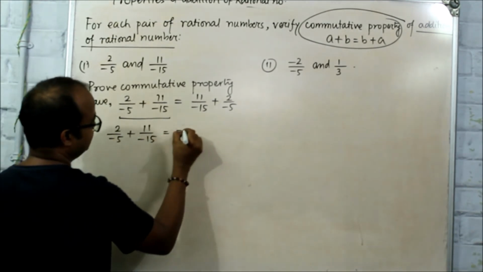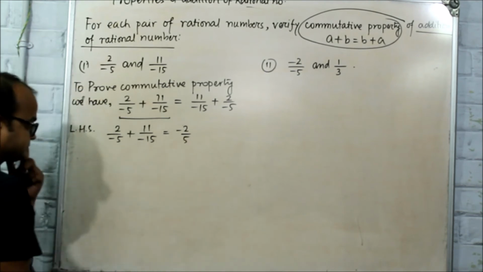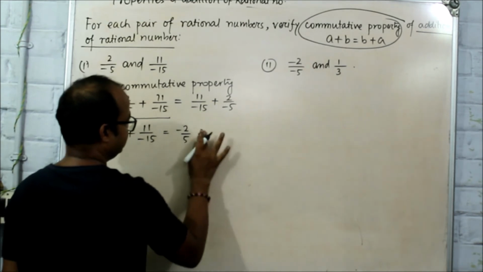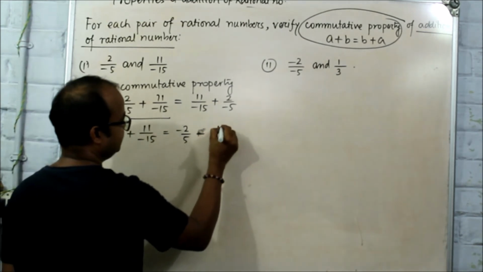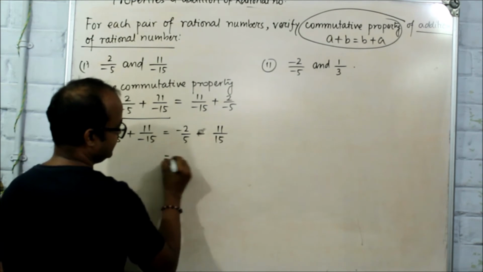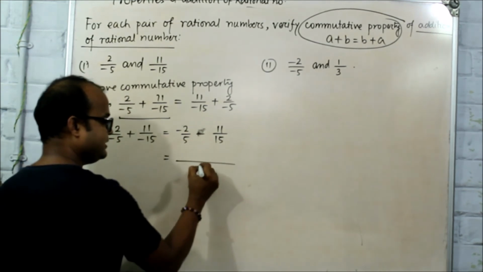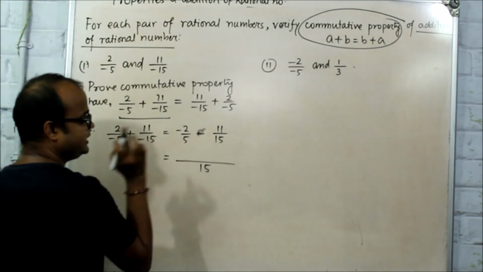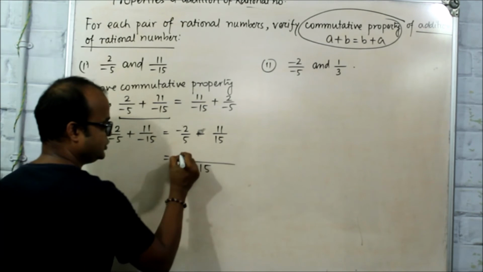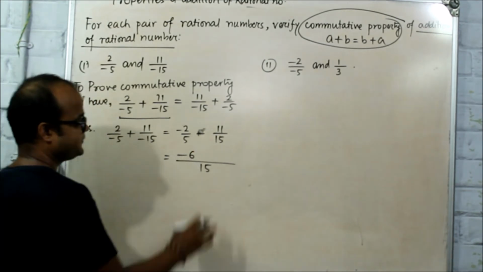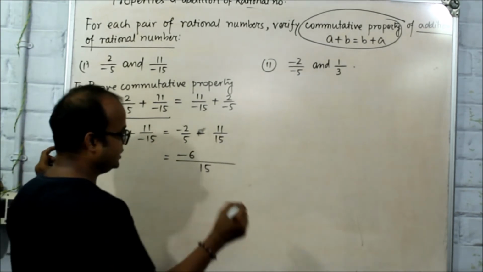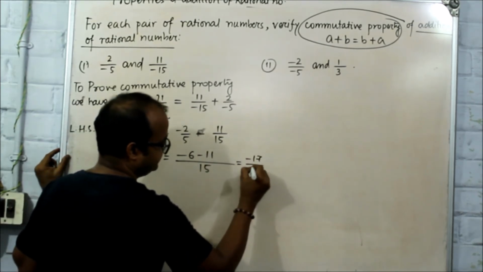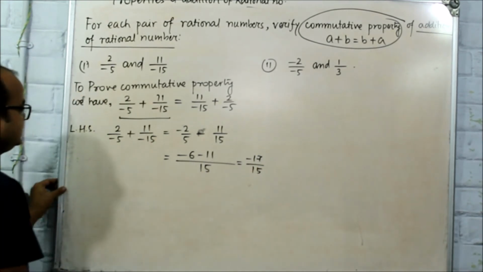So this is equal to minus 2 by 5 plus minus 11 by 15. 5 and 15 LCM will be 15. 15 divided by 5 is 3, multiplied by minus 2 is equal to minus 6. 15 divided by 15 is 1, so minus 11. So this will be minus 17 by 15. Clear?